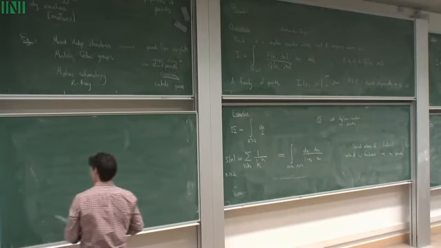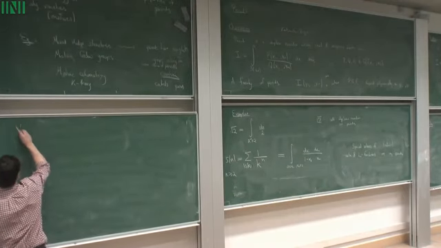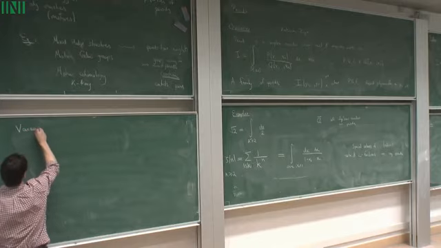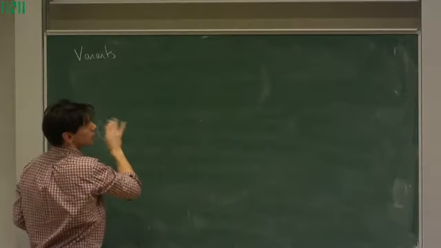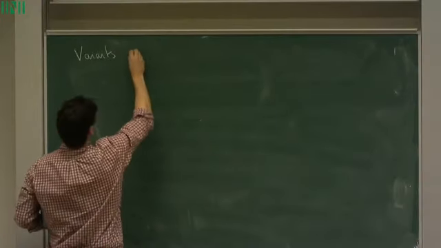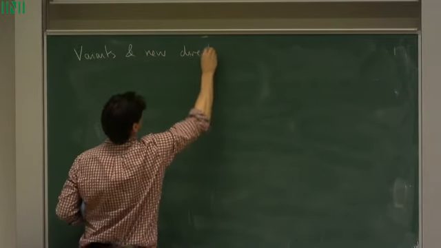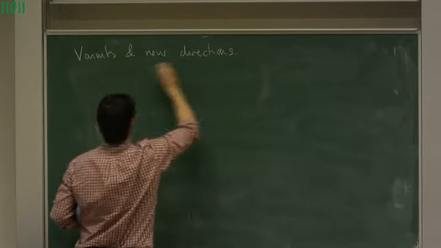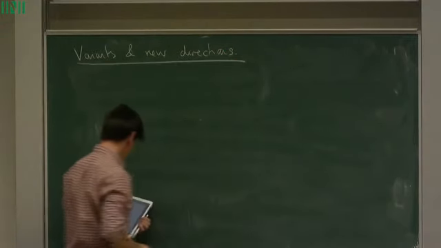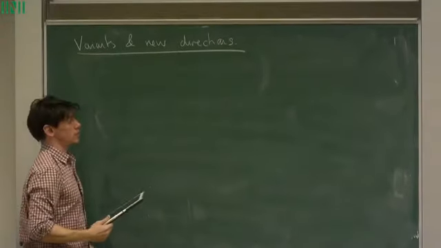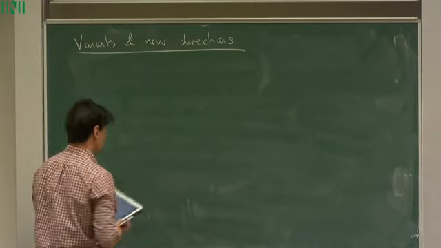Okay, so the beyond in my title referred to where my heart lies, what I'd really like to talk about, which are variants of this theory and new directions in which to take it. And a lot of this is very much inspired by recent developments in mathematical physics.